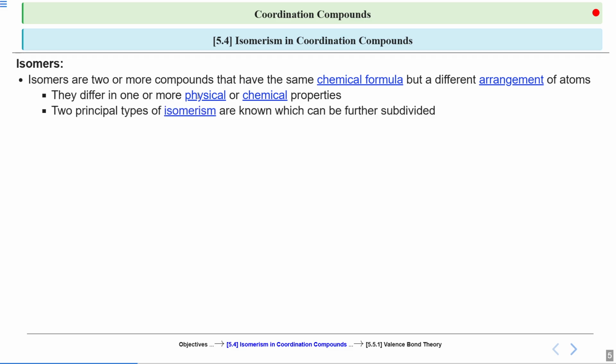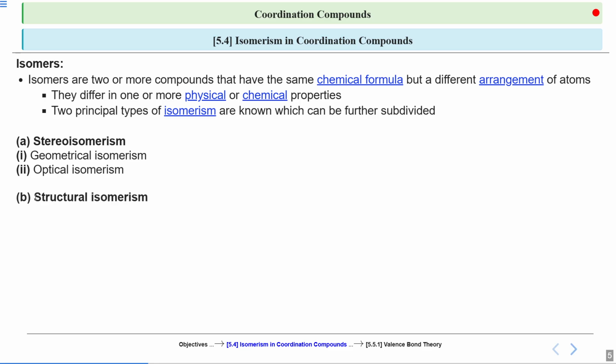The two principal types of isomerism are known, which can be further subdivided. One of the principal types of isomerism is stereoisomerism, which can be further subdivided into geometrical isomerism and optical isomerism. We have covered this in our previous lecture.